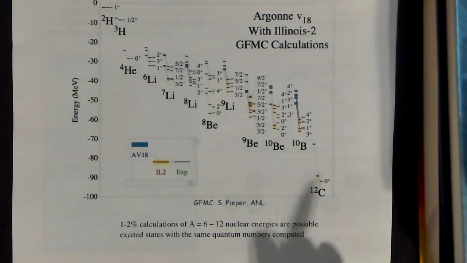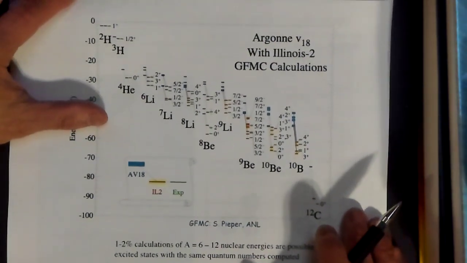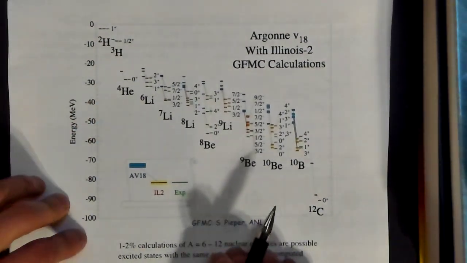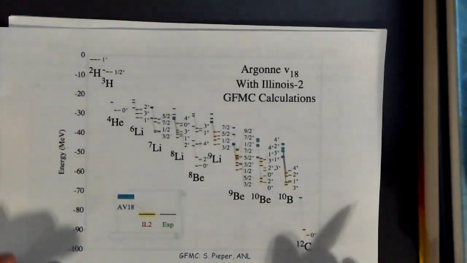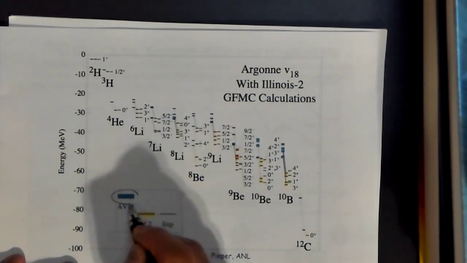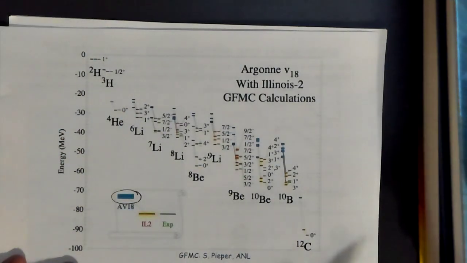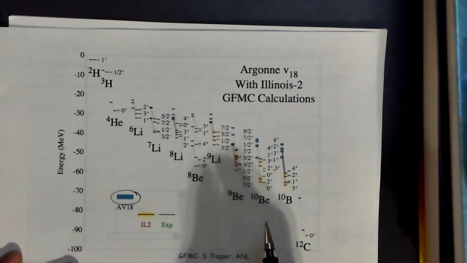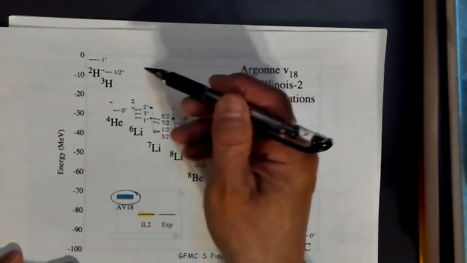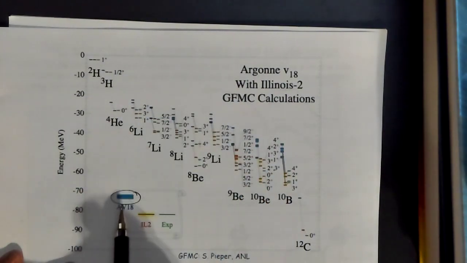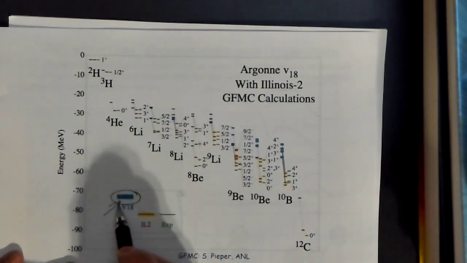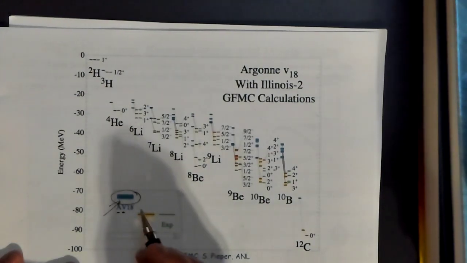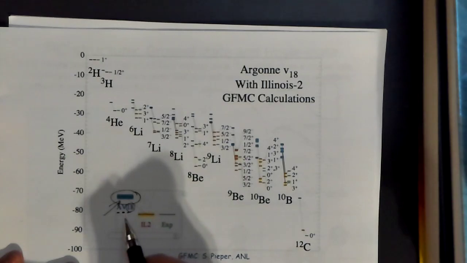Okay, here are some results from the Green's function Monte Carlo calculations. Here's a chart of some of their successes. I know it's a little small to see, but the first out of the three is a calculation with just a 2-body interaction called Argonne V18, V meaning potential energy, 18 meaning that there are 18 parameters.